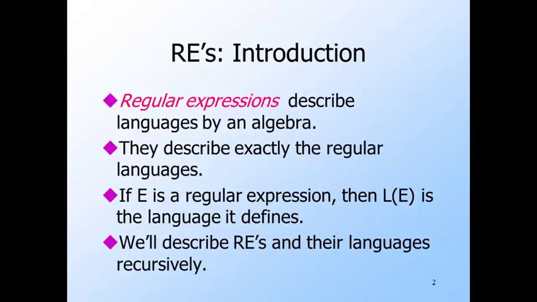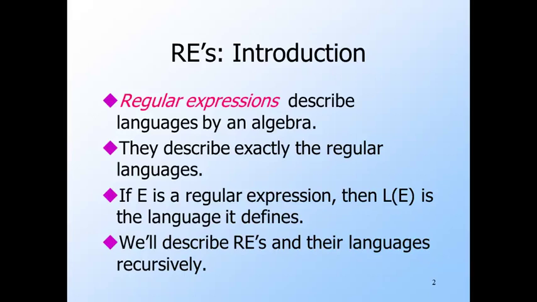The algebra you are most familiar with is probably arithmetic, using operators plus and times and operating on numbers. The regular expression algebra operates on languages, and it has three specialized operators. Regular expressions, like algebraic expressions, are built up by applying these operators to operands. So, regular expressions describe languages by an algebra, and, as I said, they describe exactly the regular languages.